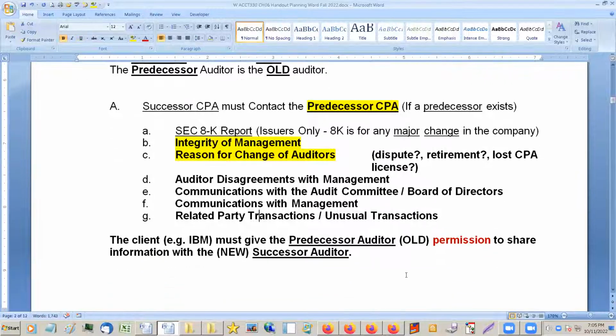So the client must give permission to the successor auditor.